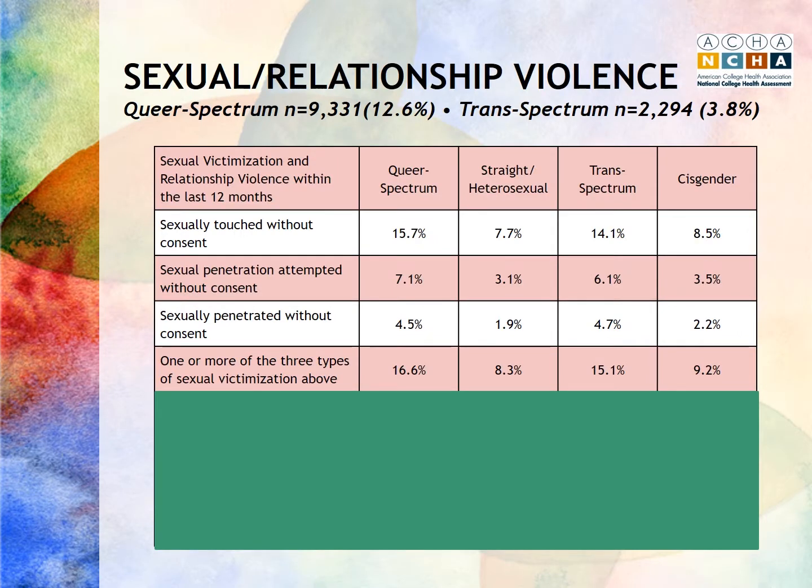This slide looks at sexual and relationship violence. In the top part here, we're looking at 3 measures of sexual violence: whether they were sexually touched without their consent, sexual penetration was attempted without consent, or sexual penetration occurred without consent. And these are all within the last 12 months.